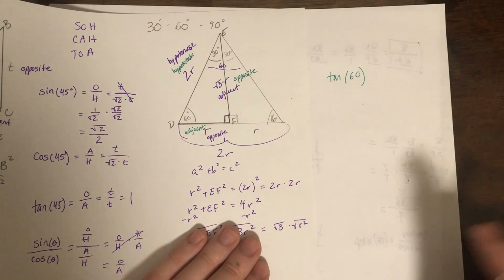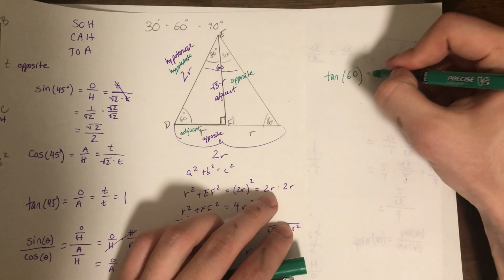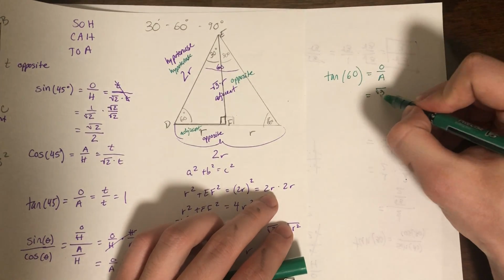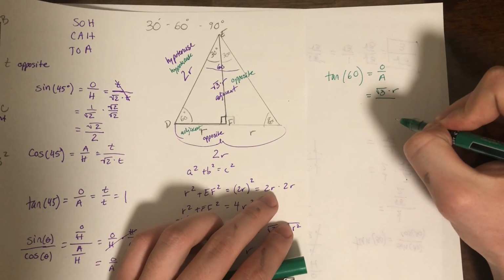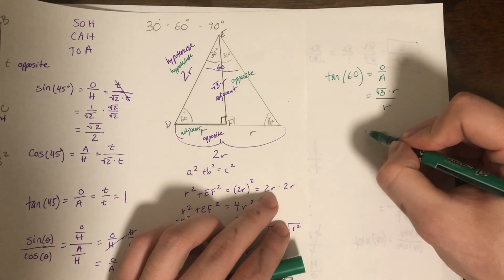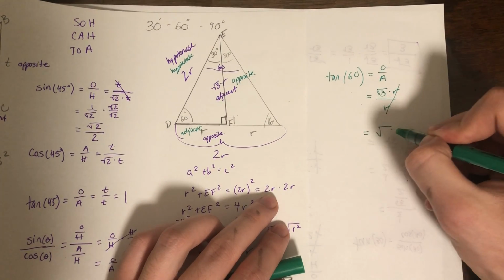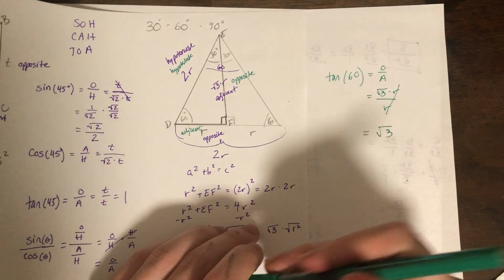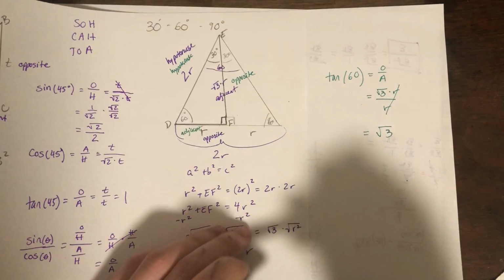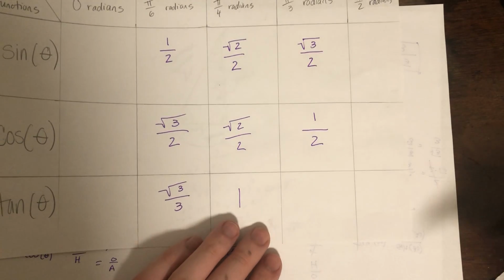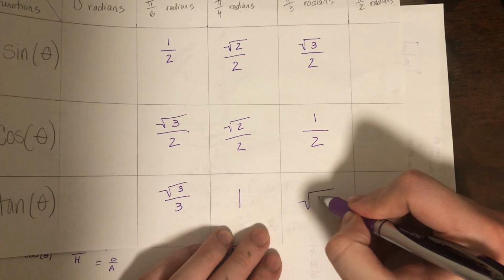The hypotenuse is always the hypotenuse. All right, so now we've got opposite over adjacent. That's equal to radical 3 times r over r, which is adjacent. That's just going to be equal to radical 3. Quite simply, radical 3. All right. So now we get tan of 60 is radical 3.